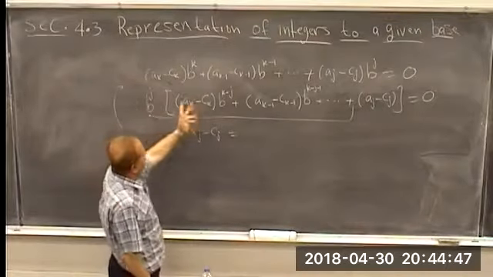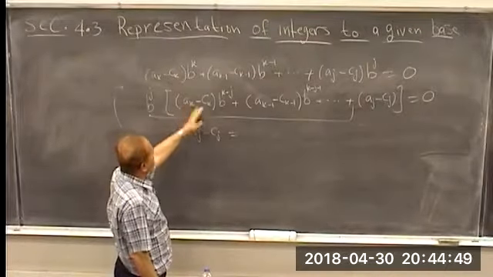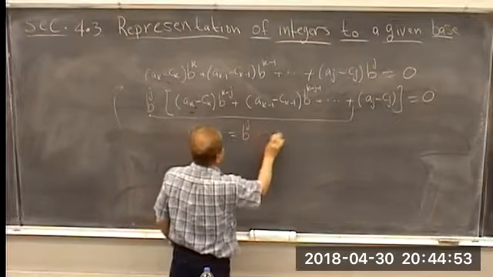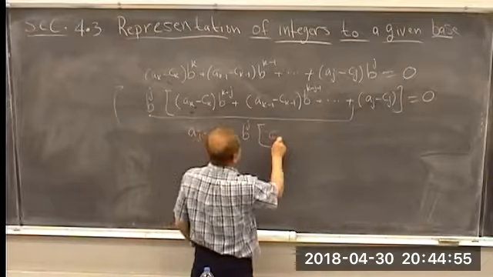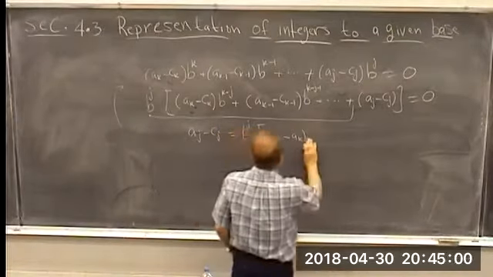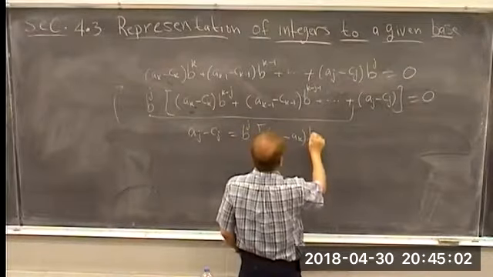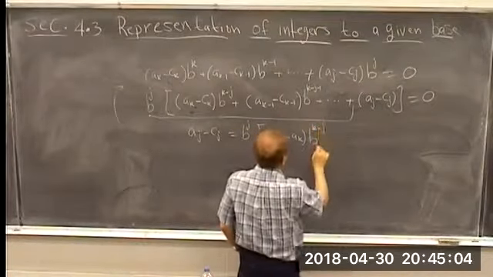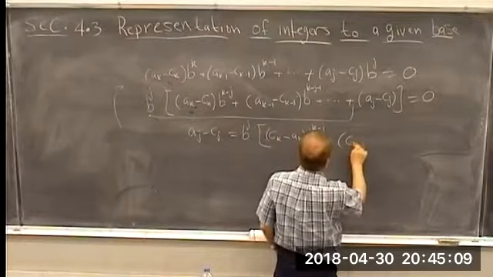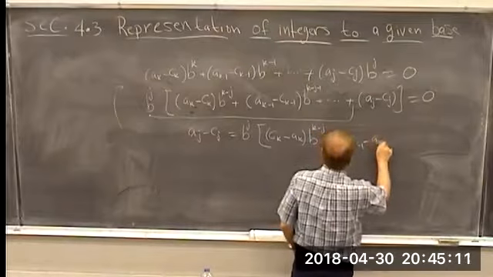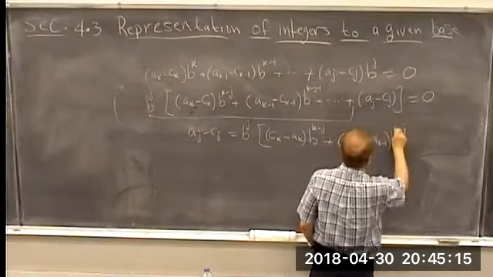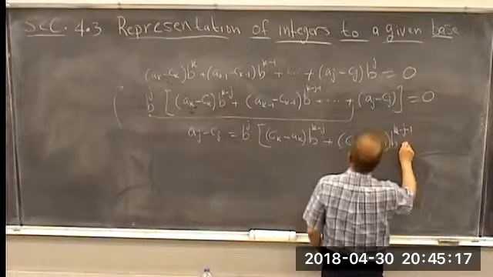So I'm going to switch the A's and the C's in here. So I get B^j multiplied by (C_k minus A_k) B^{k-j}, and so on. The next step is (C_{k-1} minus A_{k-1}) B^{k-j-1}, and so on.